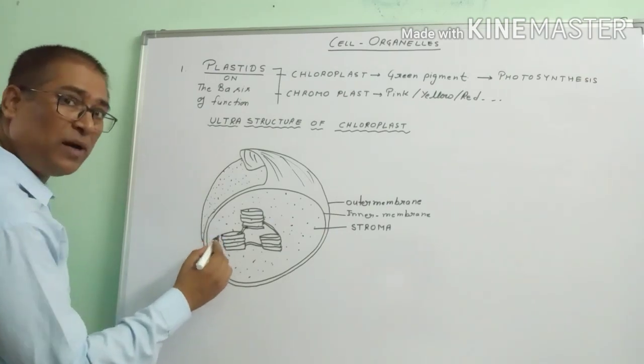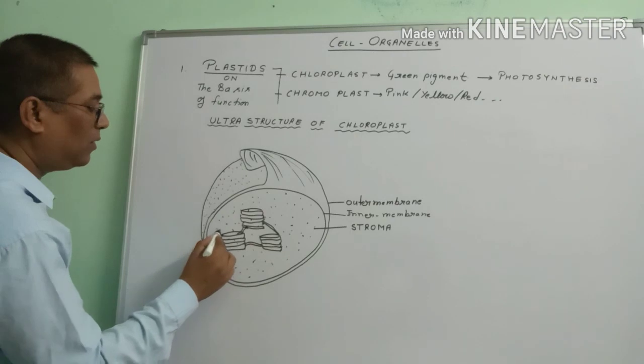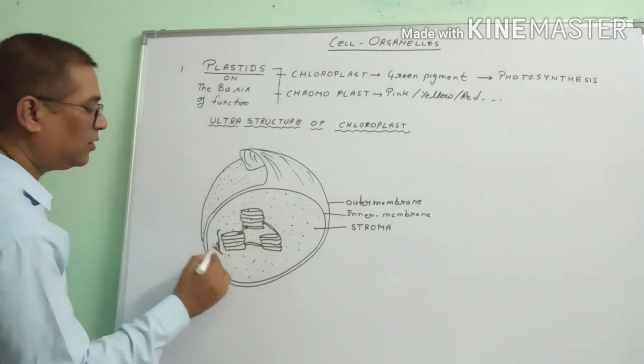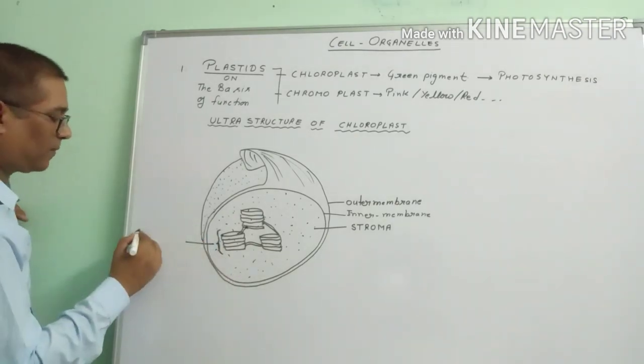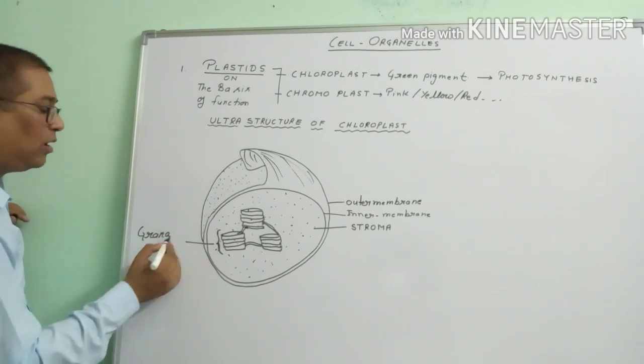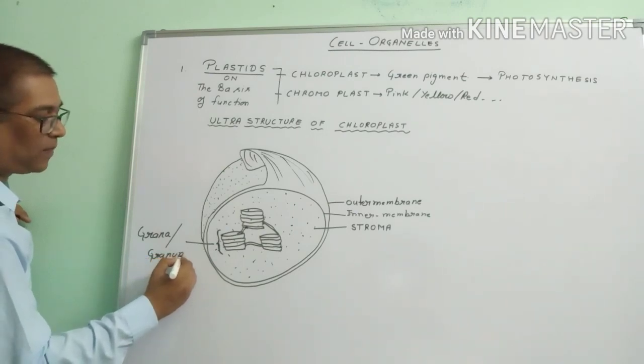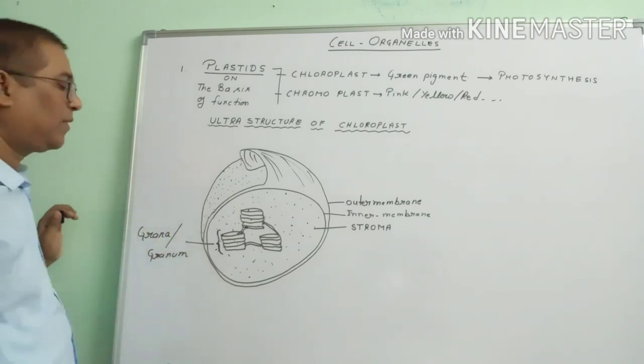Now these coin bunch-like structures are called grana.